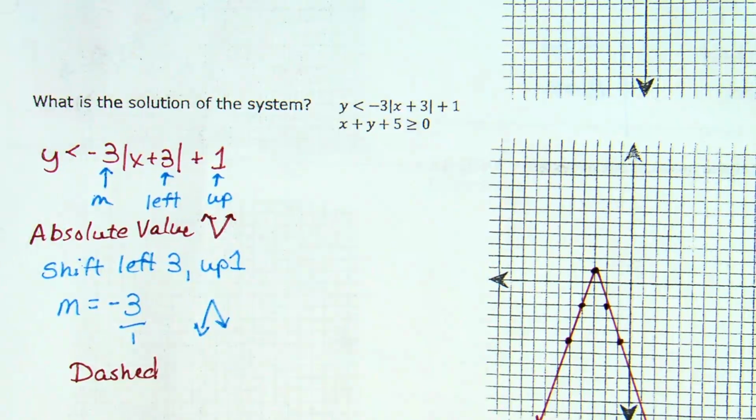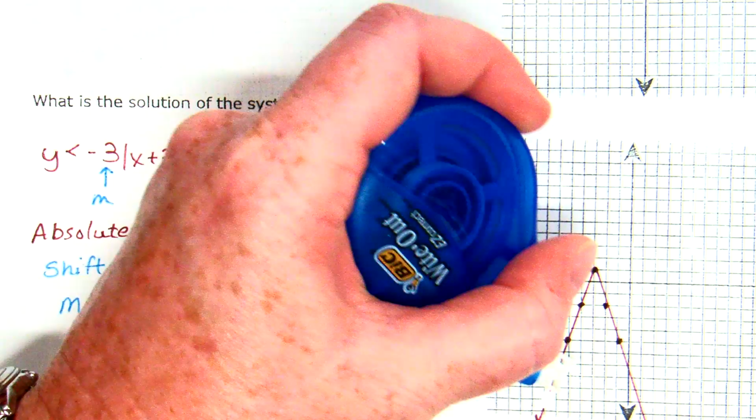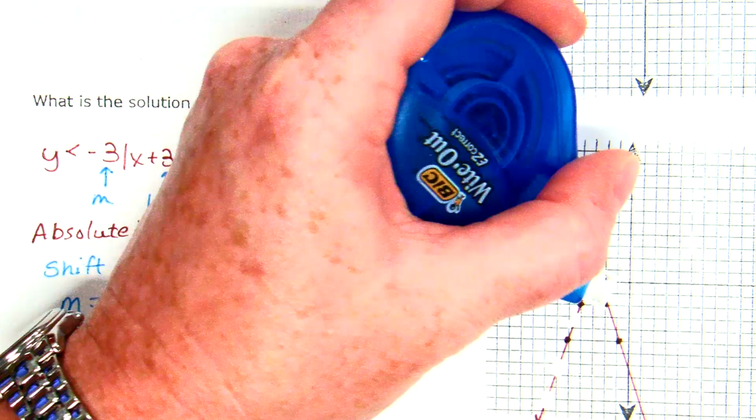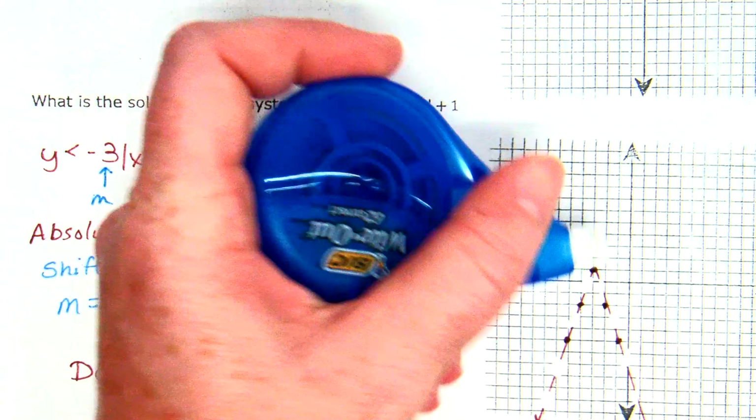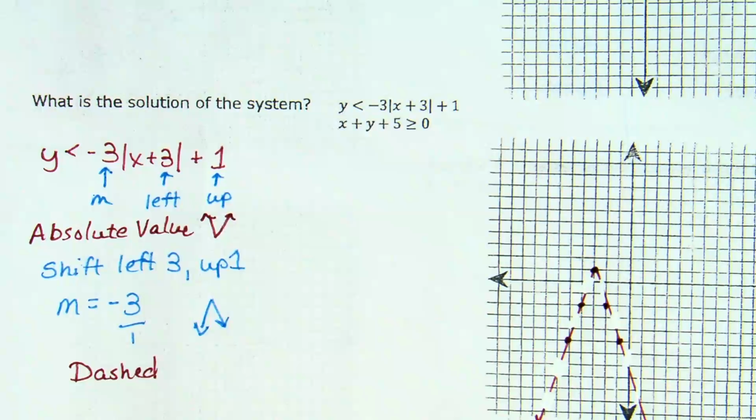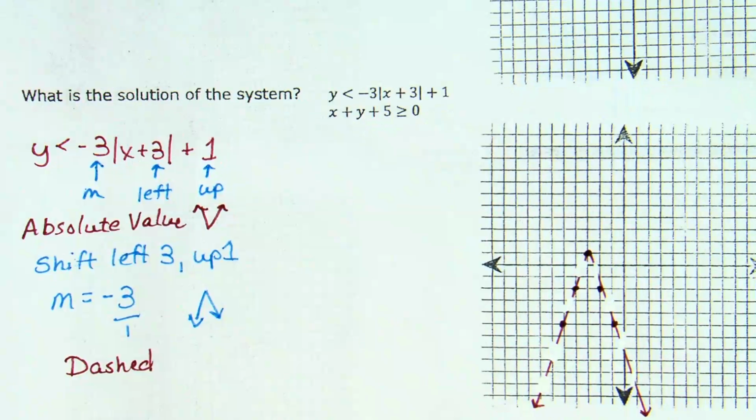My words and my actions did not match there, did they? Okay, thank you. I hadn't noticed it either, but then those boys over there were giving me this look like, what is she doing? So, I said it, I just didn't do it. Okay. I'm sure you guys have never done that same thing. It looks like a dash line now. Okay, is that better? Okay, thankful for white out here.